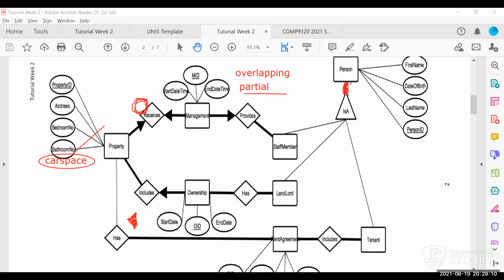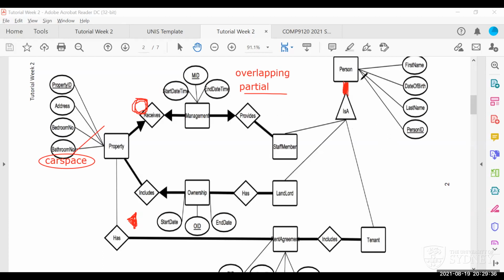So this should be a thick line instead of a thin line. The reason we want this to be a thick line is so we can make sure that this person can only be one of these three. Given that this is a real estate company, it doesn't make sense, for example, for a person to be a lecturer or a student, because a student or a lecturer is not really part of a real estate company.